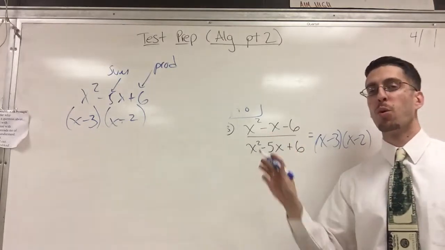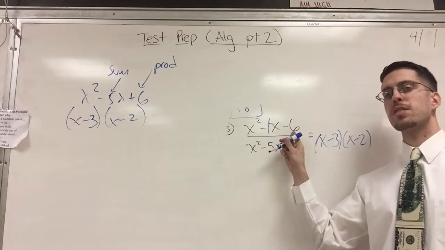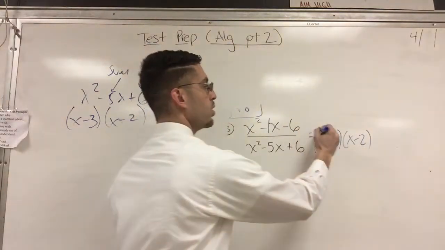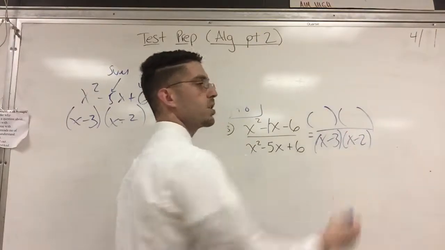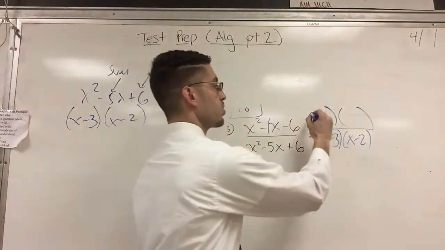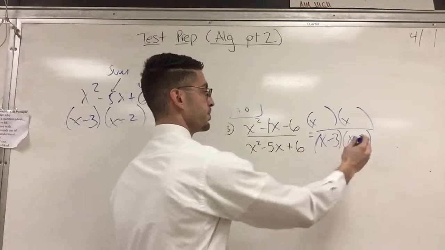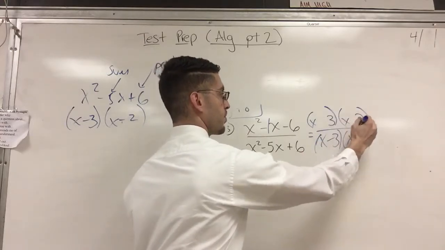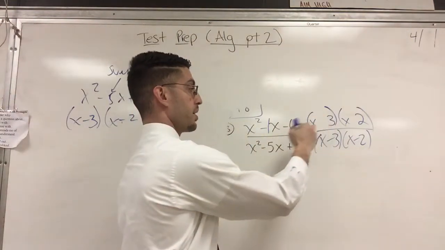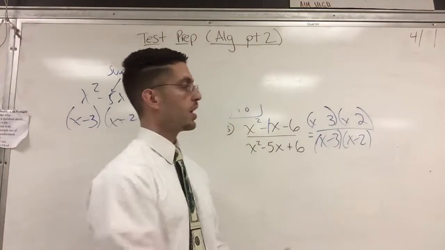Now the top, ooh, scary, no number there. What do? There's a 1 there, but this time the 6 is negative. So if you don't believe me, I'm going to ask you to FOIL it out on your own. But when you factor this, if you sit there long enough and keep trial and error, guess and check, you'll figure out you still need the x and the x, you still need the 3 and the 2, but because this is a negative, and this is also a negative, that means one has to be positive and one has to be negative.